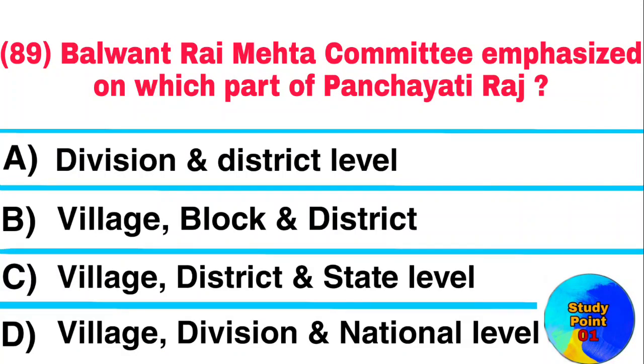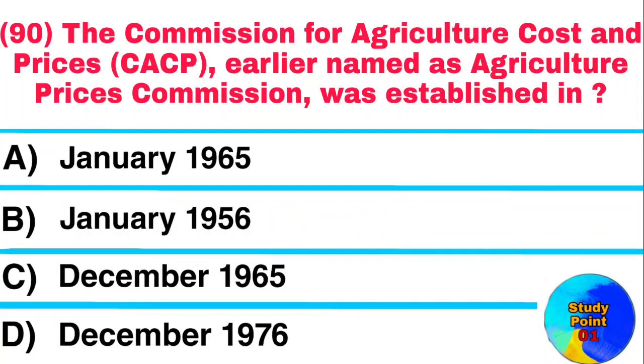Question. Balwant Rai Mehta Committee emphasized on which part of Panchayati Raj? A. Division and district level. B. Village, block and district. C. Village, district and state level. D. Village, division and national level. Answer. Village, block and district. Question.